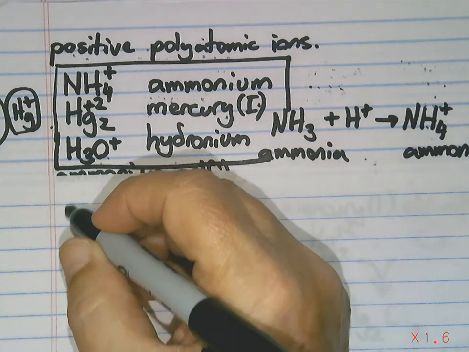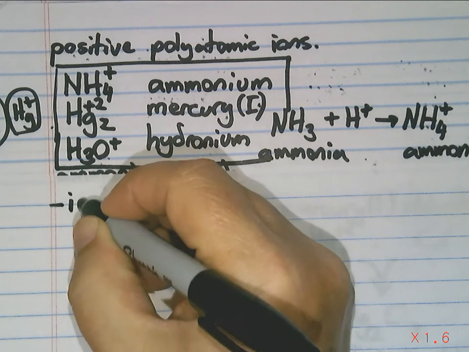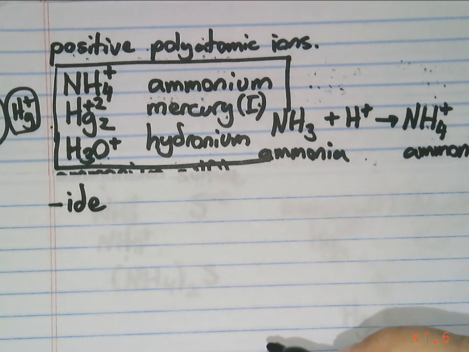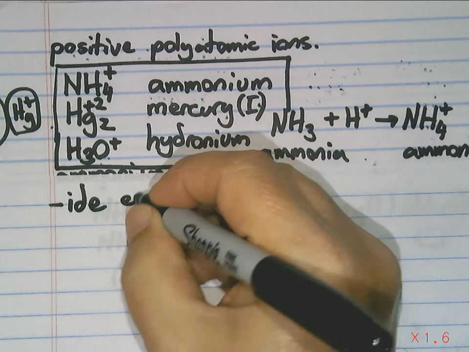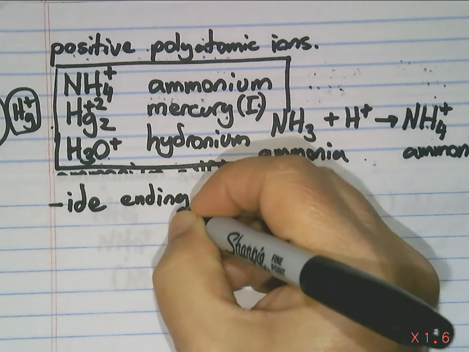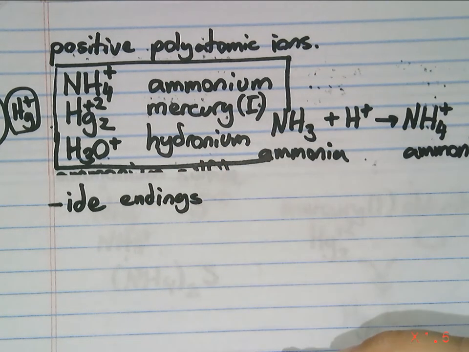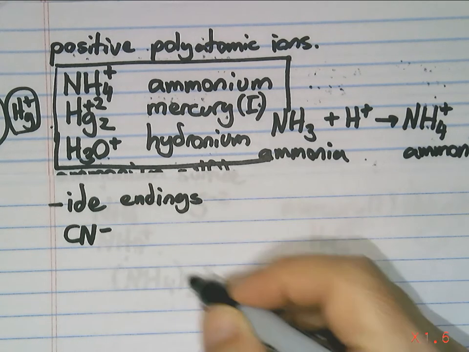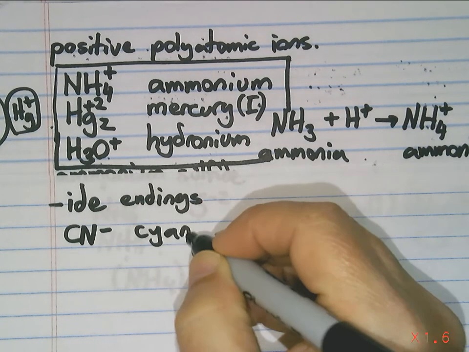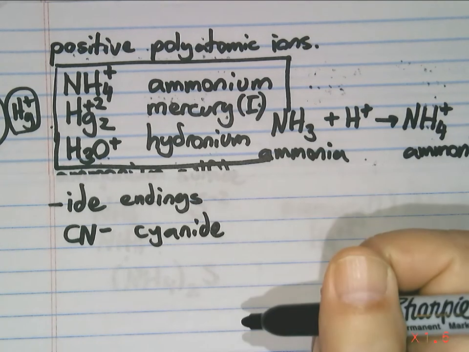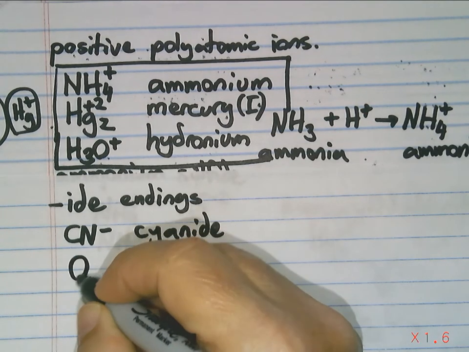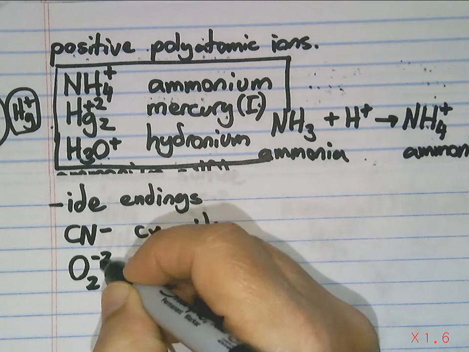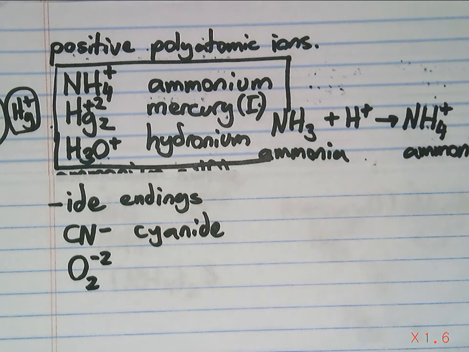If you look at polyatomic ions that have IDE endings, there are 3 of those there too. One we've already talked about, the cyanide. Another one is peroxide. And it looks like an oxide, but it's got an extra oxygen.